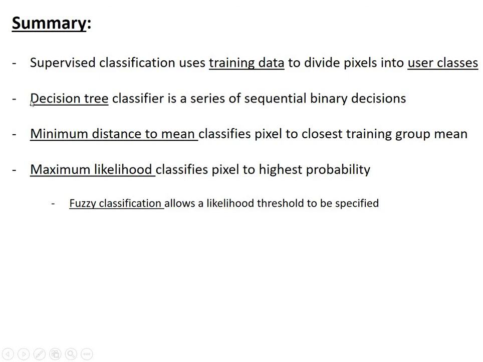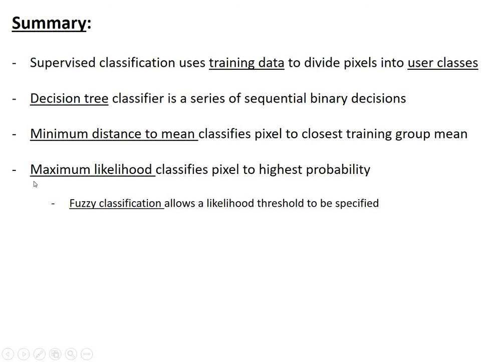And at the end of each decision tree is a leaf, which corresponds to a class. And kind of all pixels get binned into a class. They don't have to, but minimum distance to the mean looks at spectral signatures in 2D or even 5D or 7D space, takes a mean of the training pixels, and then classifies unknown pixels into the closest training group mean.